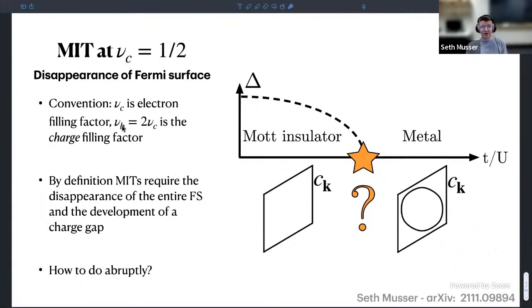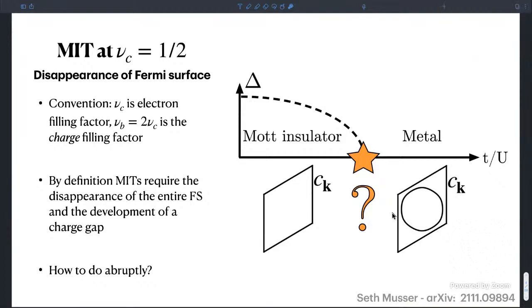If you read the experimental literature, often the charge filling factor is what's used. All of my cartoons will be on the triangular lattice, even though most of what I'm saying is more general than just the triangular lattice.